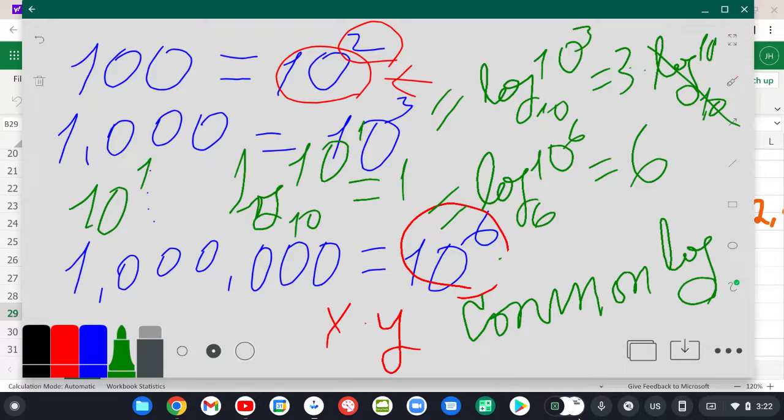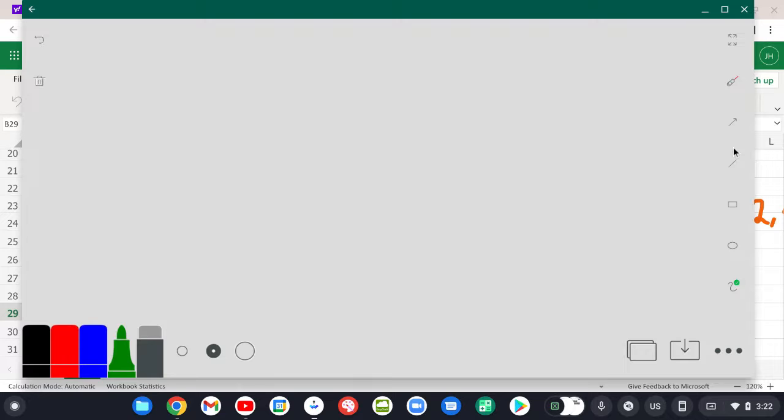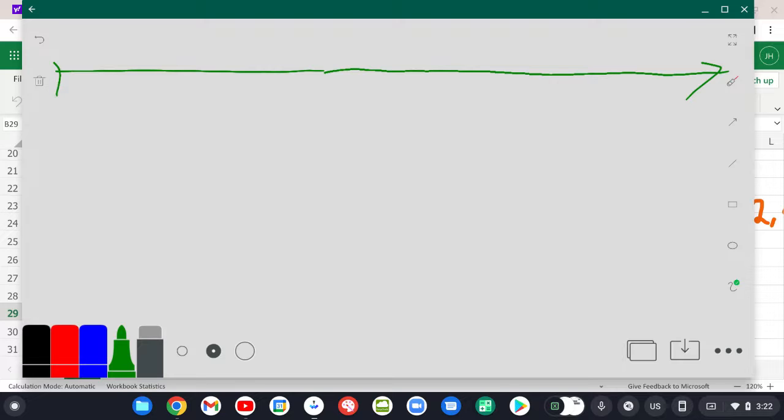But then the next question is, why do we use log? Because think about it. Let's say we have a physical distance, like the distance between the Earth and the Sun. Here is our Sun and Earth.